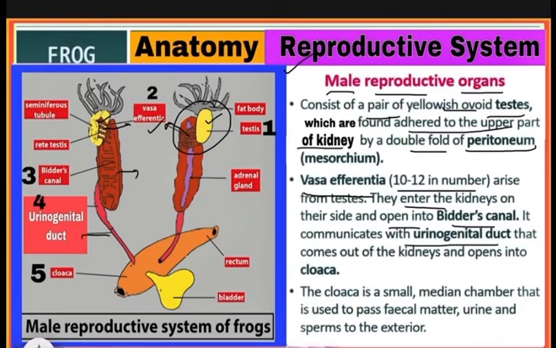This is urinogenital duct, and this duct opens into cloaca. Clear? The cloaca is a small median chamber that is used to pass fecal matter, urine and sperms to the exterior. So it is a common passage. Clear?